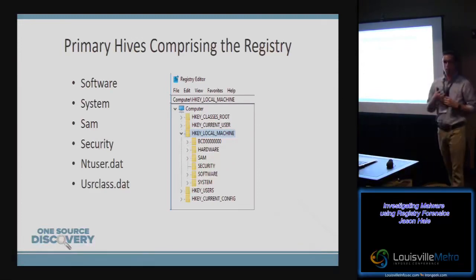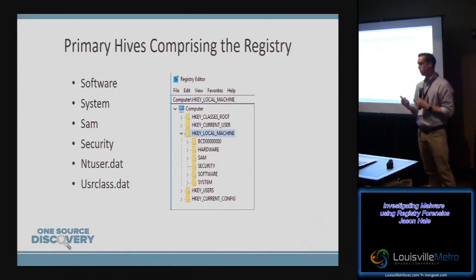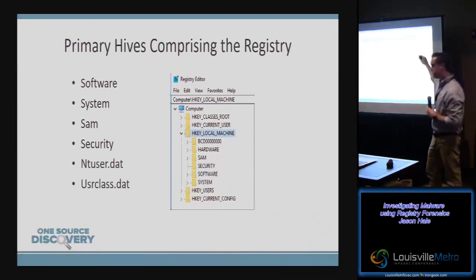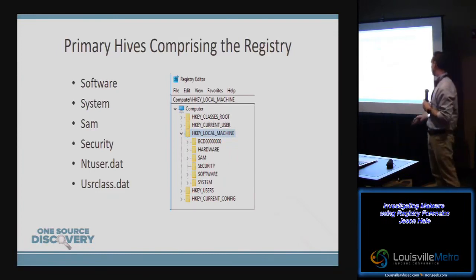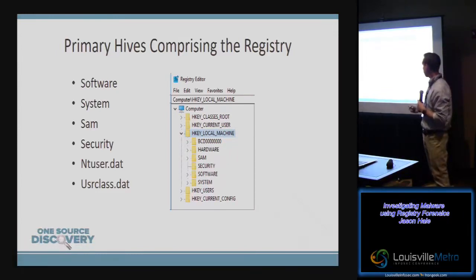That means the information within these registry hives isn't necessarily associated with a particular user account. We can't say that because this information is in the software hive, this particular user account performed that action without further investigation. These are all central to the system.